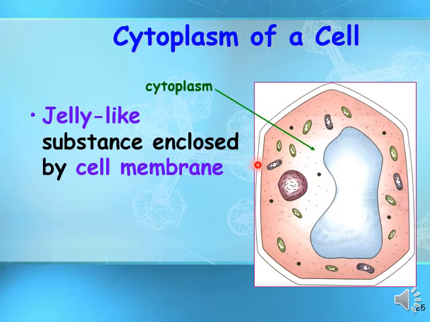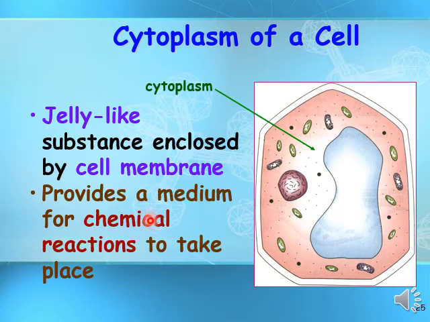The cytoplasm here is a jelly-like substance enclosed by the cell membrane. This jelly-like substance is enclosed or enveloped by the cellular membrane. It provides a medium for chemical reactions to take place.